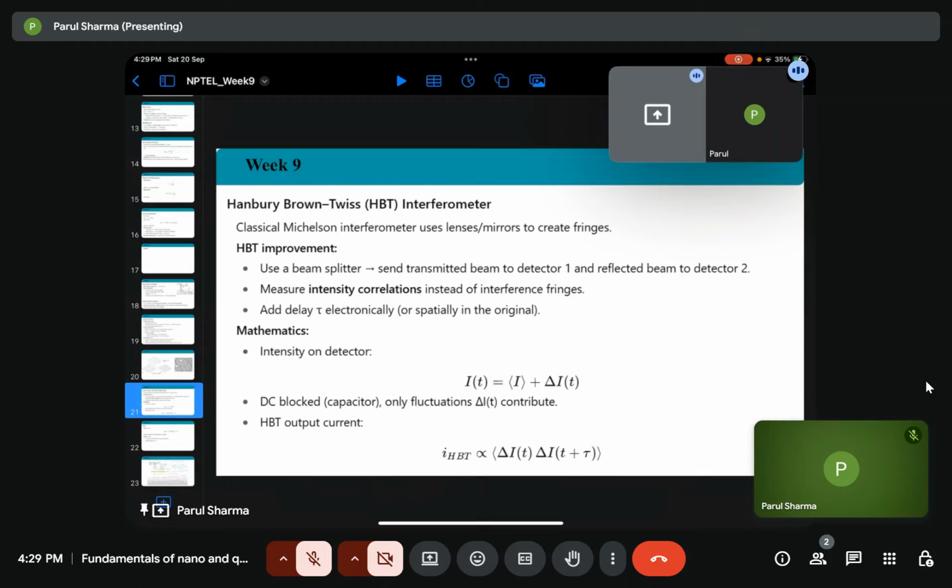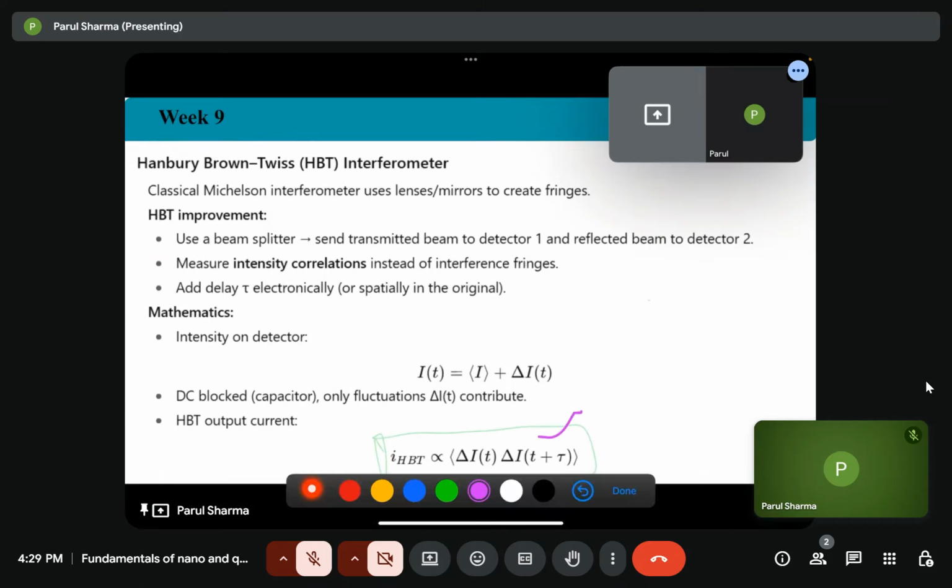So the HBT output current will be proportional to delta I(t). It is proportional to the average value of the product of the fluctuation at time t and the fluctuation at time t plus tau.